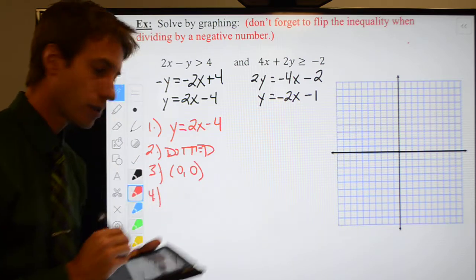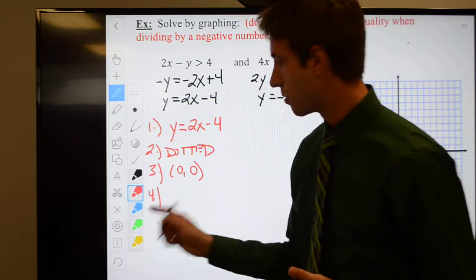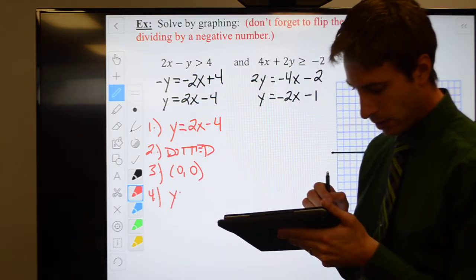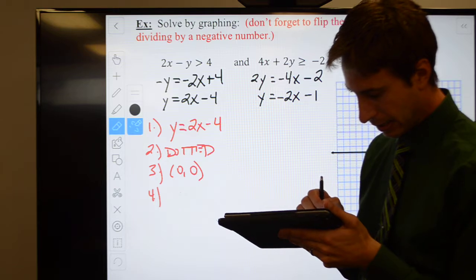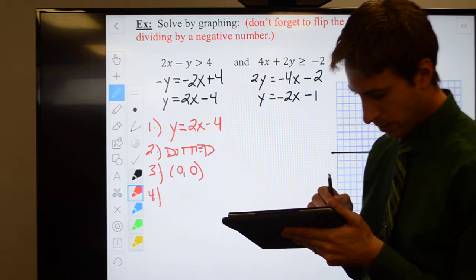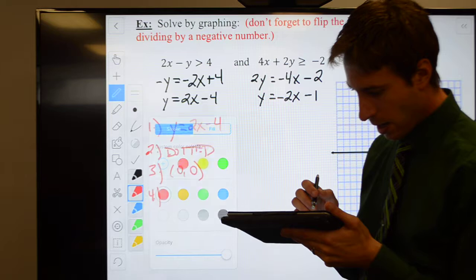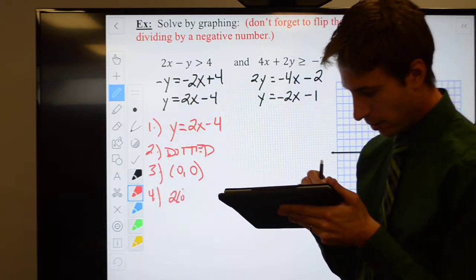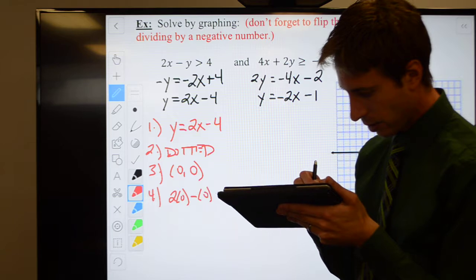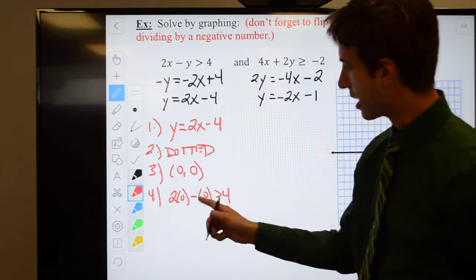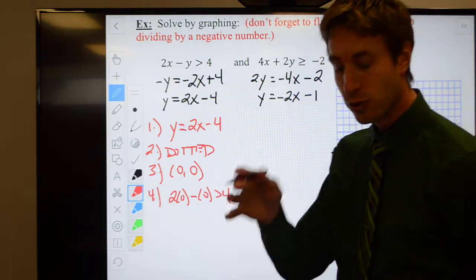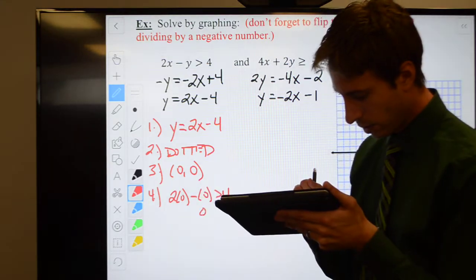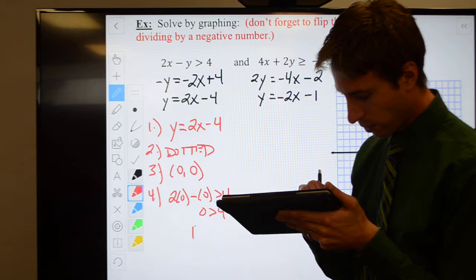And step 4, sorry if I'm standing in the way, let me move over here. I actually have 2 times 0 minus 0 is greater than 4. Remember, you've got to use the original equation. This all comes out to be 0 is greater than 4, which is false.